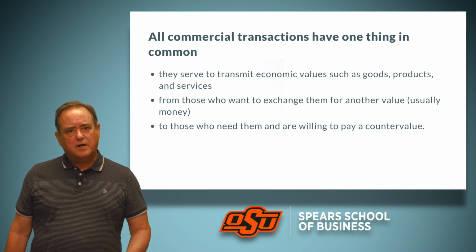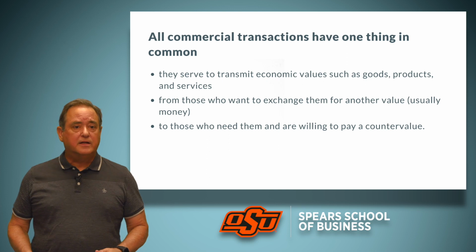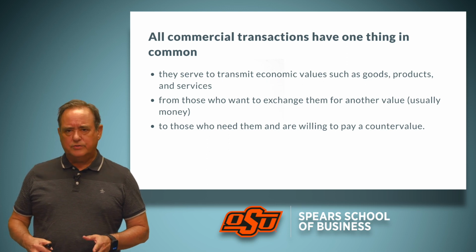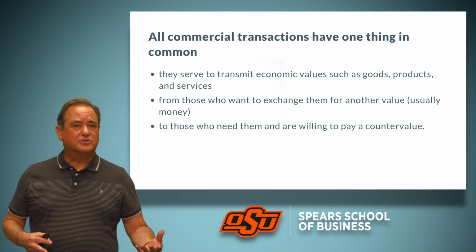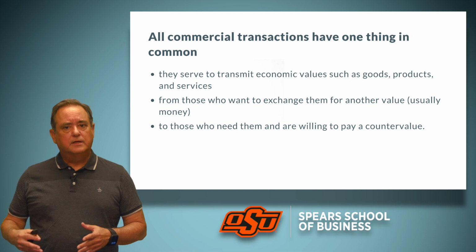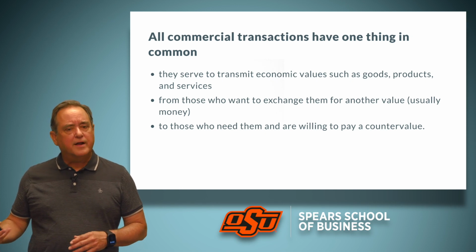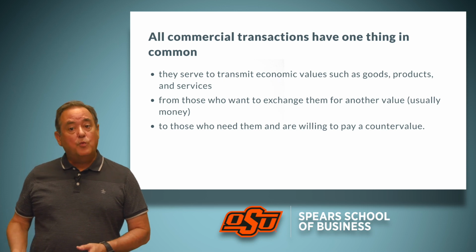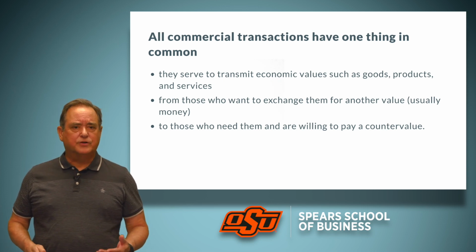So let's start with commercial transactions. All commercial transactions have one thing in common. They serve to transmit economic values, such as goods or products and services, from those who want to exchange them, usually for money, but for another value, and to those who need them and are willing to pay that counter value.